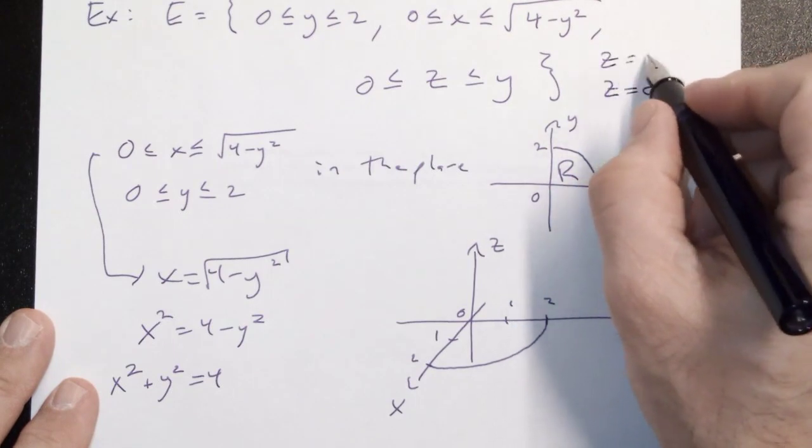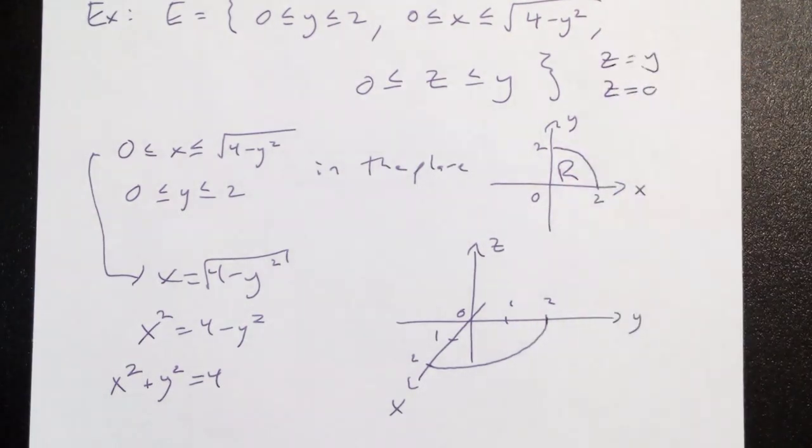What about the equation Z equals Y? What's that represent? That's the line in the YZ plane with a slope of 1, right?